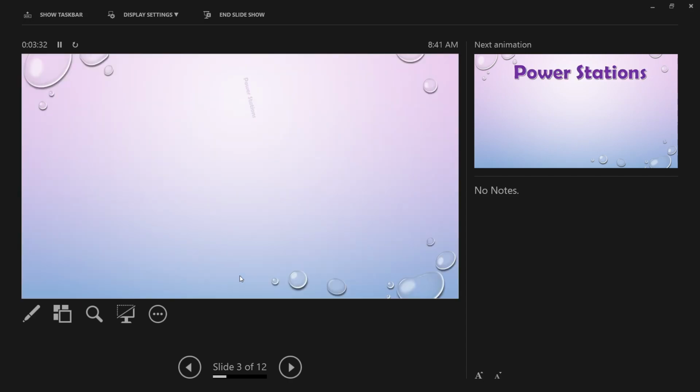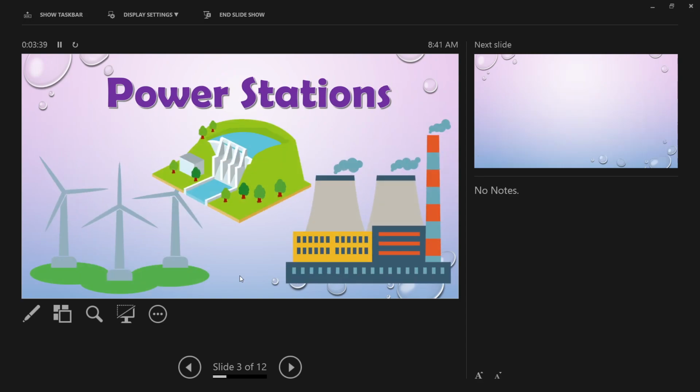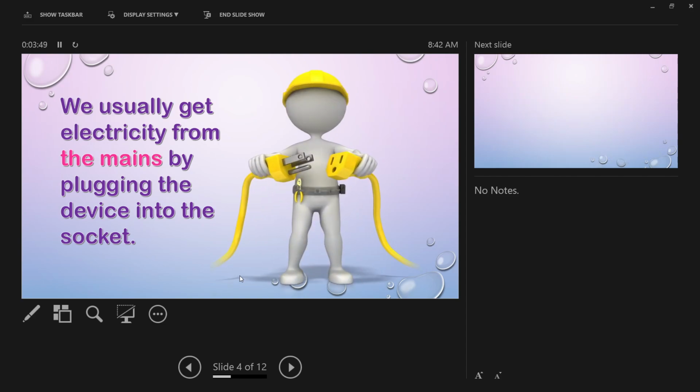Okay, and now let's go to our topic. And our topic for today is all about power stations. Okay? Then we usually get electricity from the mains by plugging the device into the socket. So there's a plug, and this one's what they call the plug, and this one's the main socket.